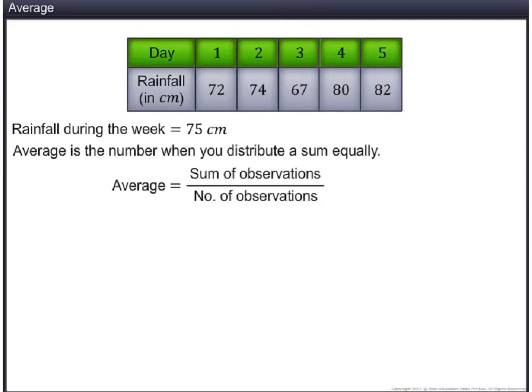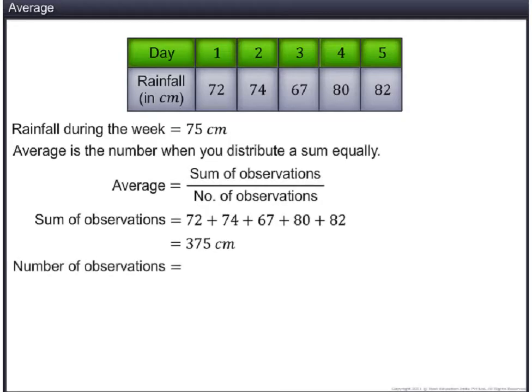Now, let's find the average rainfall in Mussoorie over the past 5 days. Let's add the rainfall on each of the 5 days. The total rainfall in 5 days is 375 centimeters. The total number of observations in this case is the total number of days, which is 5.